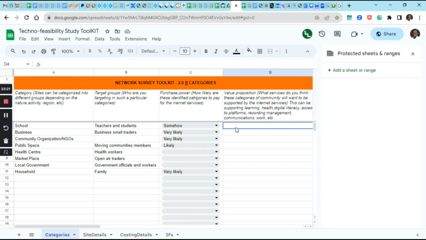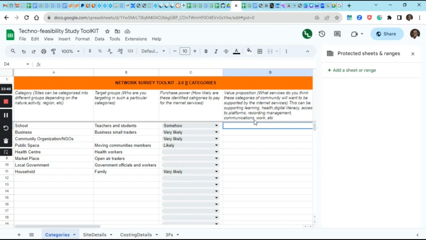So you need to think about, what do you need to support? What is your internet going to add on top of what they have? So things around supporting their learning, content management systems, e-learning platforms, libraries, record keeping platforms, digital security training. A lot can be done.